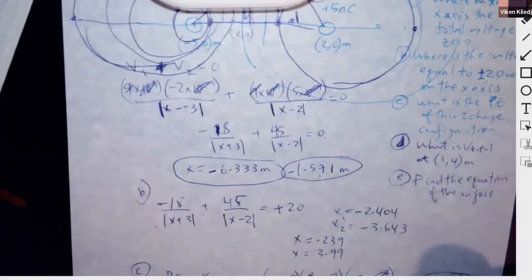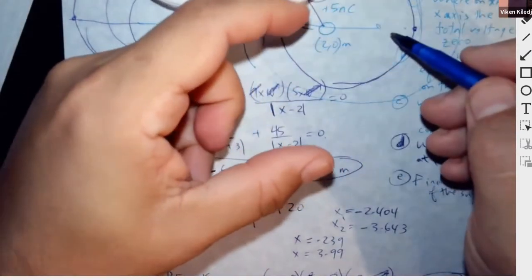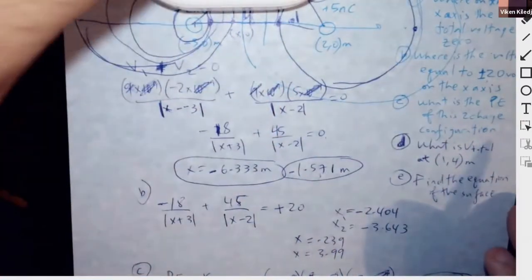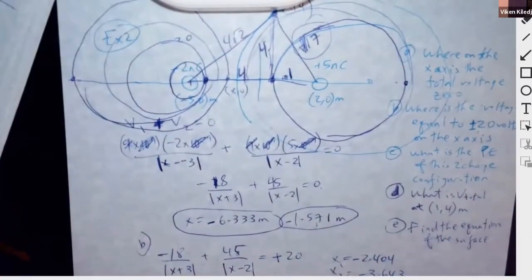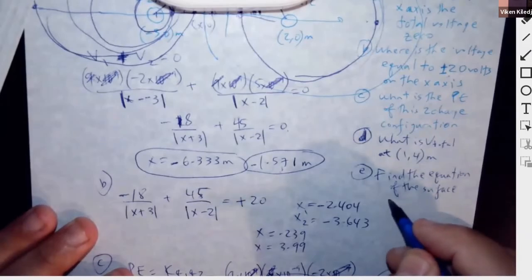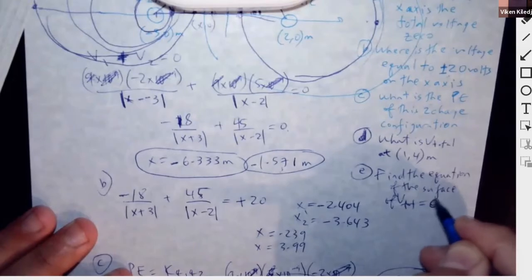I'm referring to them as surfaces because they're actually 3D, but we could just find a 2D plane equation. We don't have to work in 3D necessarily. So find the equation of the surface of voltage equal to 0.